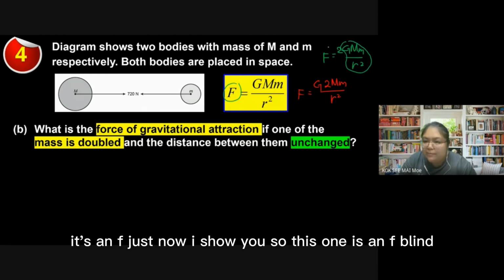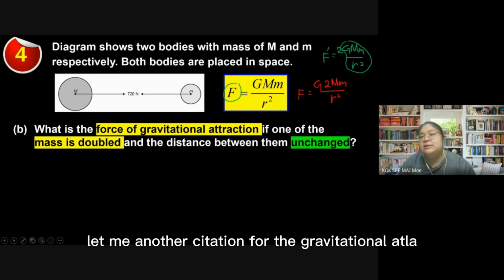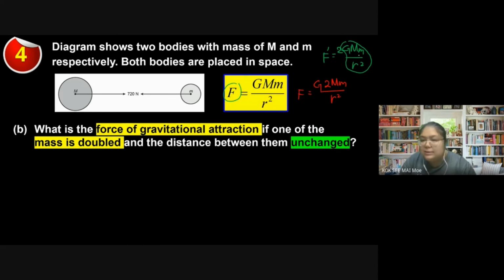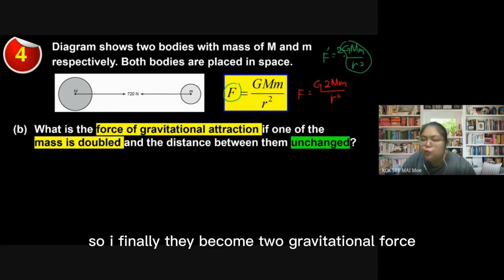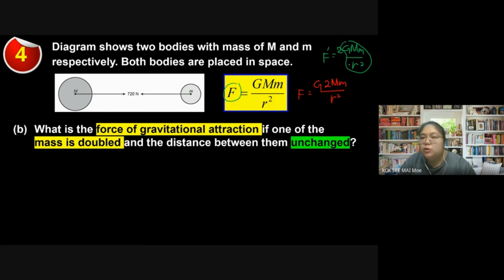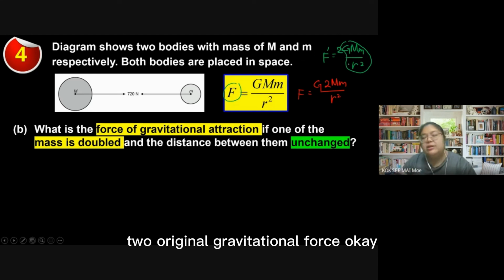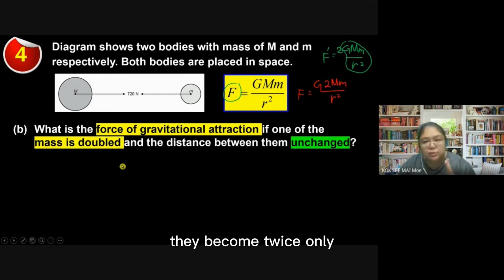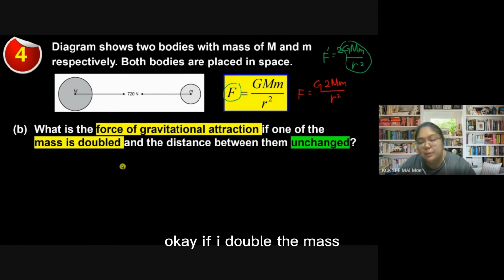So this one is F prime, another situation for the gravitational force. When I make the mass double, I find it becomes 2 times the original gravitational force. So they ask, how many times bigger? Only twice bigger if I double the mass.